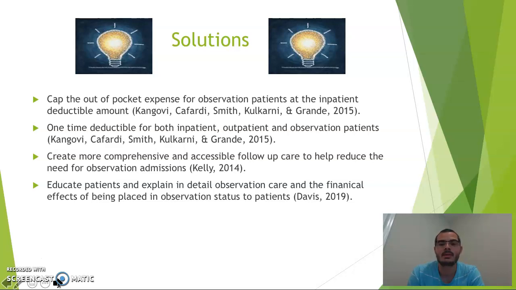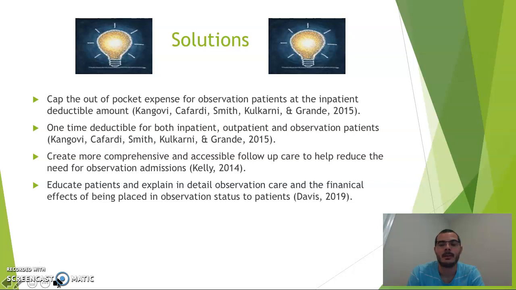This is one of the best solutions that I think has been suggested, because this leaves no surprises and still doesn't eliminate observational status. It still provides physicians with the ability to keep people in observation and still give them time to do further testing to figure out whether a patient needs to be an inpatient admission or could be discharged.